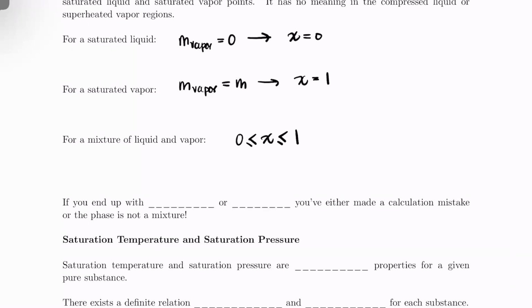That being said, if you end up with a value that's less than 0 or greater than 1, you have made a mistake somewhere, so check your work. Or the phase is perhaps not a mixture, so just be careful. You'll always get something between 0 and 1, inclusive of 0 and 1.